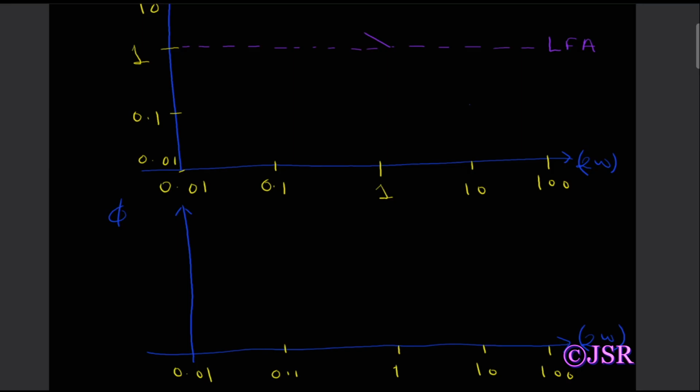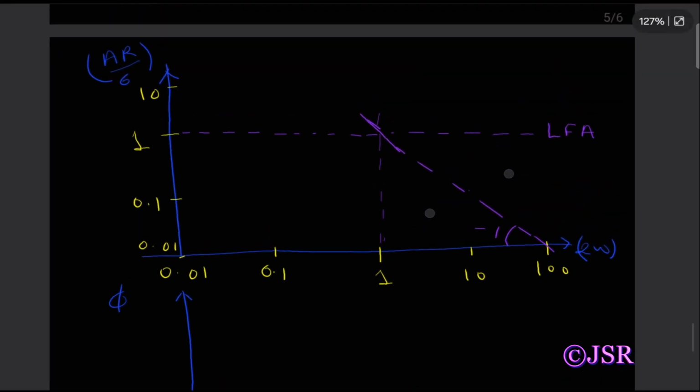So here we will have, so this will be minus 1. So this is the high frequency asymptote.